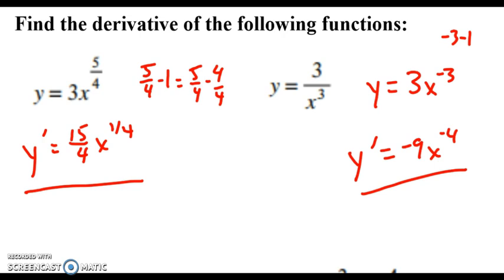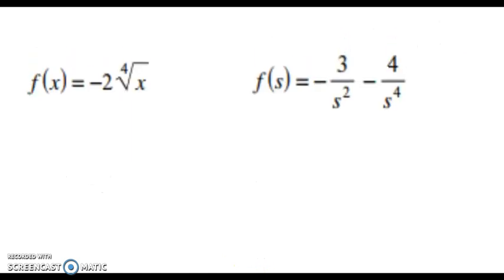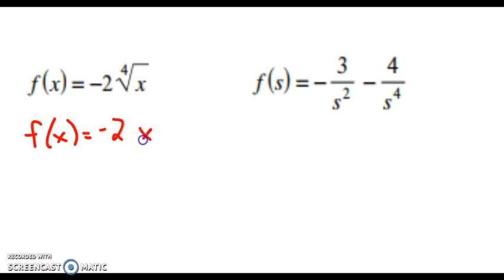Okay, let's try a couple more. Alright, so what's different about this next one? Let me extend the page here just a little bit. Again, what is my exponent here? So before I begin, how can I rewrite x raised to what power equals this 4th root? Well, hope you remember x is raised to a power of 1 there, so that's rewritten as a fractional exponent of 1/4.